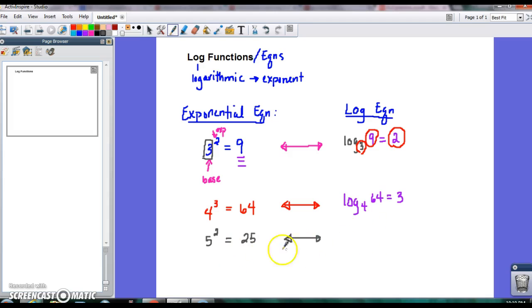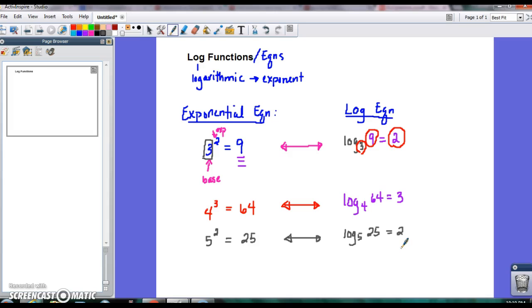Here is this as a log equation. Log base 5 of 25 is 2. That is how you convert from an exponential equation into a log equation. It's just another way of writing it.